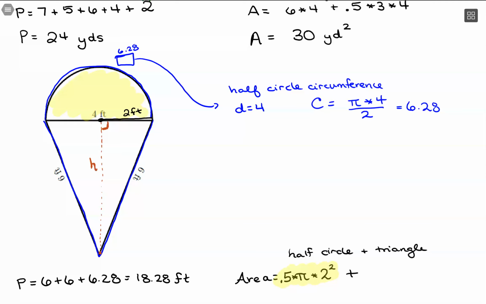What I could do is kind of like I did up above, I'm just going to think about this triangle here. I have this kind of tall triangle that has the base that's the radius of 2 feet, hypotenuse of 6, and then the height is the other side. So what I can do is solve for height using that Pythagorean theorem.